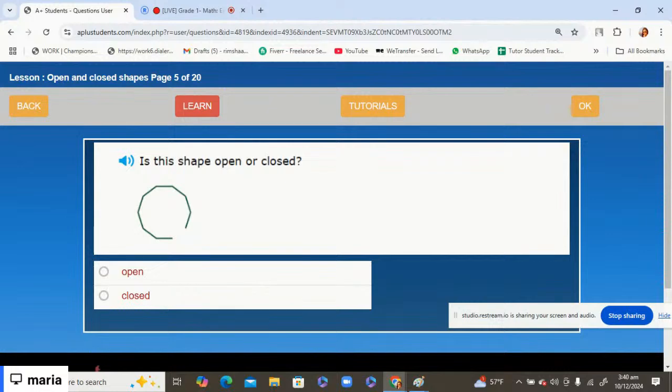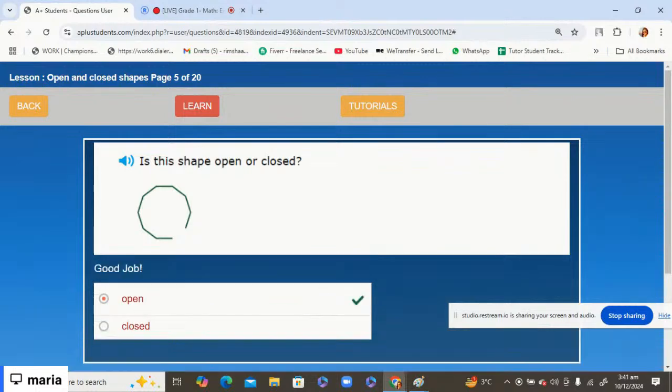This is open. Okay, it's not closed. So this is the open shape. It's clearly open. Very good. So here it's an open shape. All right. So we can say that it's open. Let's go with it. So we go with it, open.